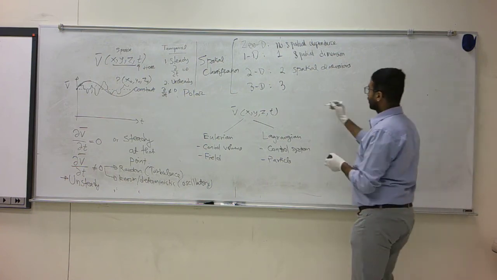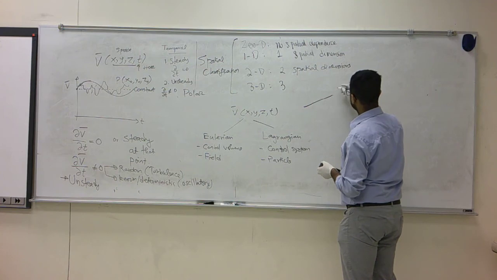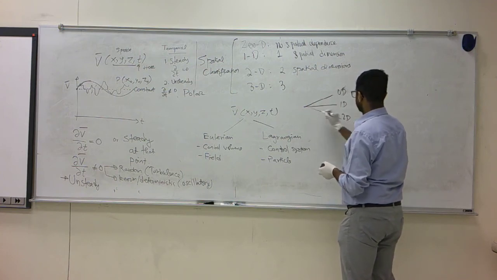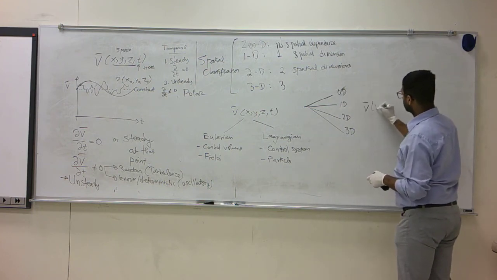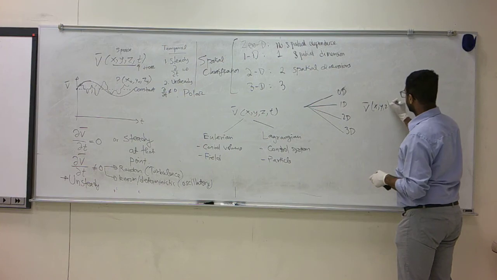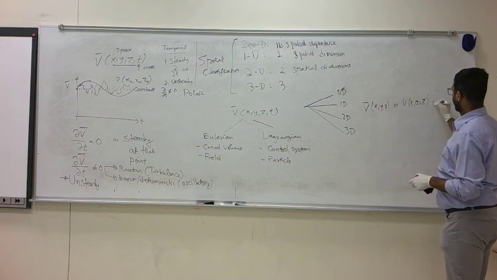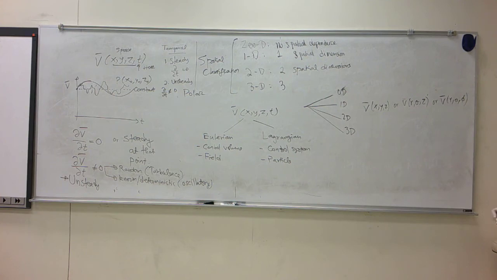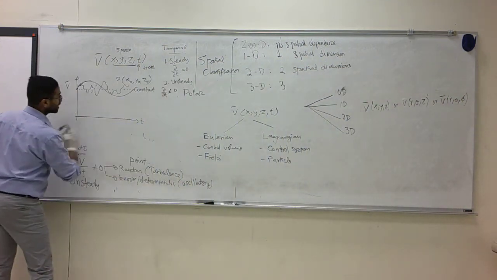The second classification that we saw is 1D. Actually, I should start with 0, 1D, 2D, 3D. Depending on how many variables it is that you need to describe a fluid flow. The third that we saw is based on steady and unsteady.